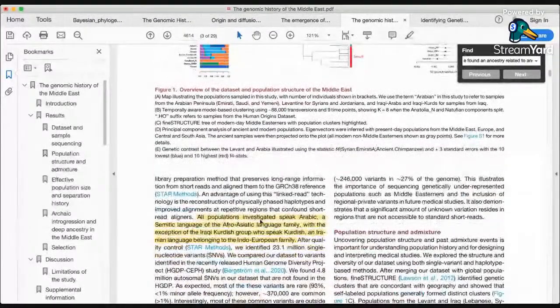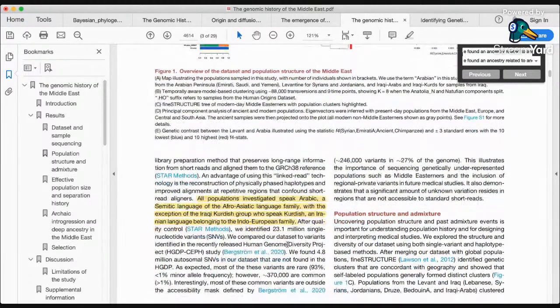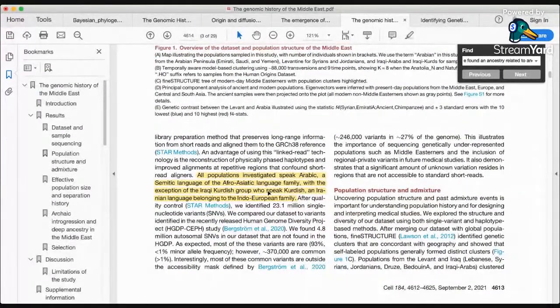All populations investigated speak Arabic, a Semitic language of the Afro-Asiatic language family, with the exception of the Iraqi Kurdish group who speak Kurdish, an Iranian language belonging to the Indo-European family. And if I'm not mistaken, those people are high in the E-M35s.